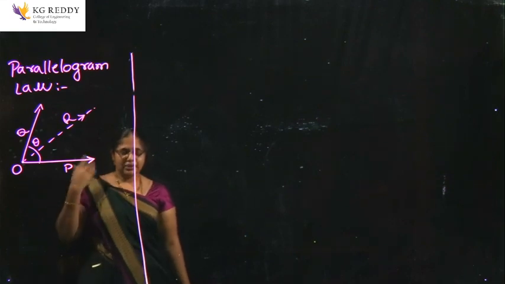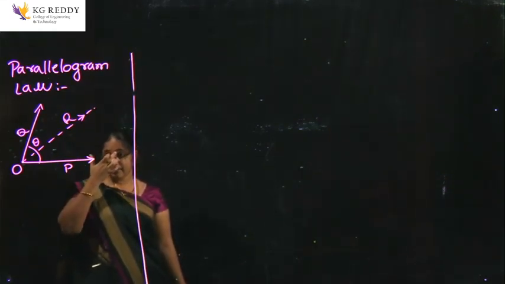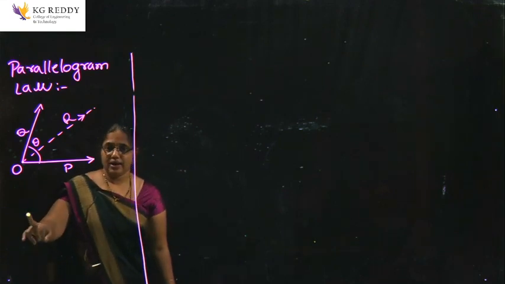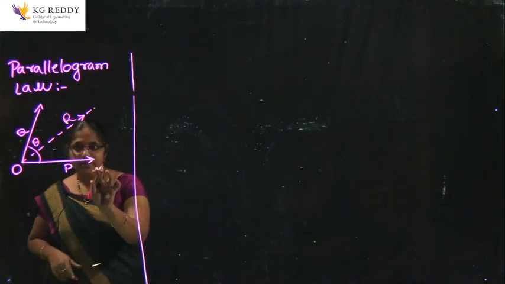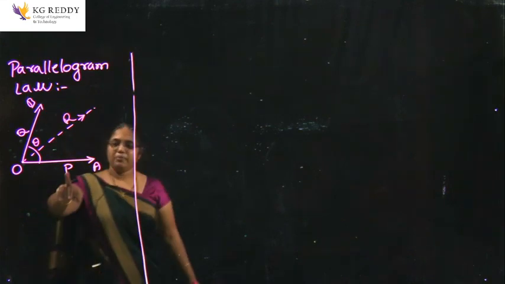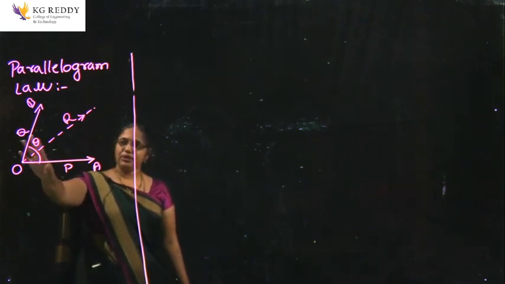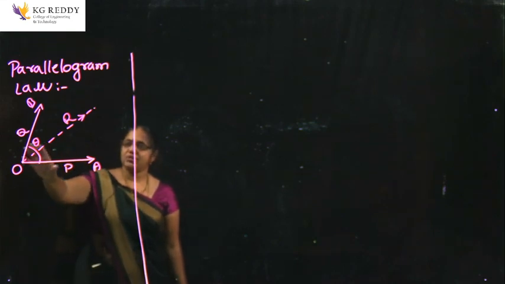The parallelogram law mainly states that whenever two forces are acting from the point O, in the direction of A and in the direction of B, let us take A and B, with the magnitudes P and Q, and A and B as the directions, these are acting as the adjacent sides of the parallelogram.